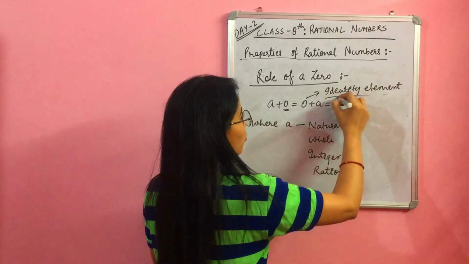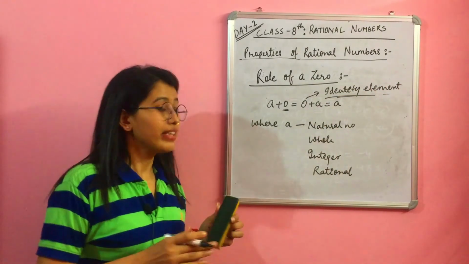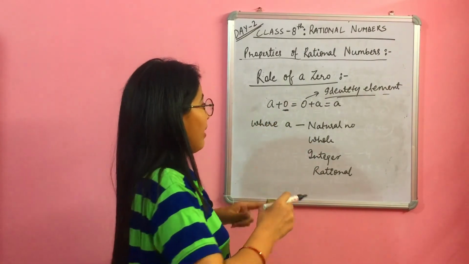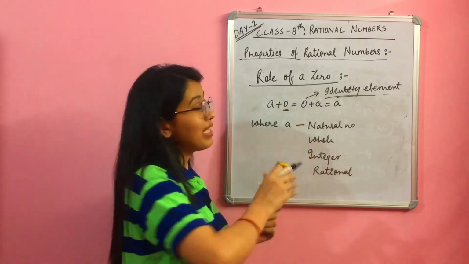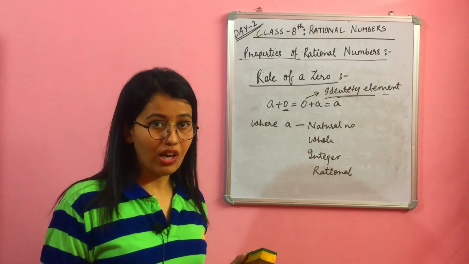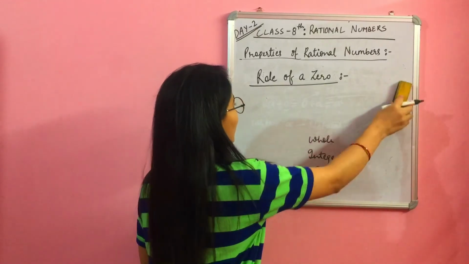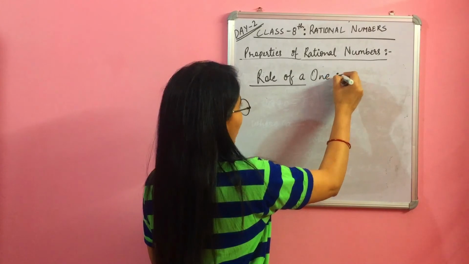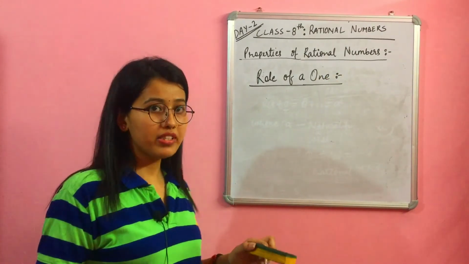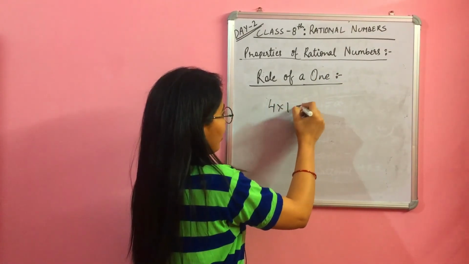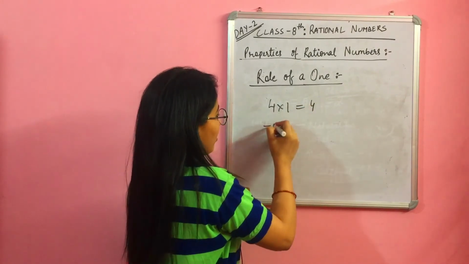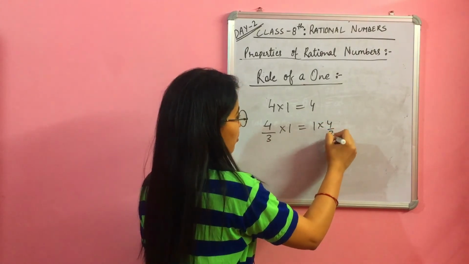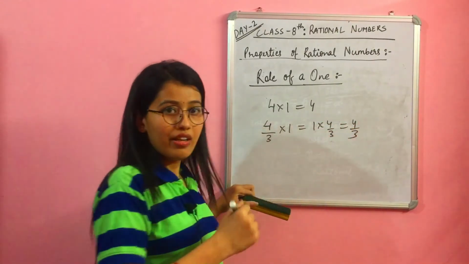This is known as the identity element in the case of addition only, not in the case of multiplication. Similarly, I can predict what the role of 1 is as well, right? If I am multiplying any number by 1, what will it give you? The number itself, right? For example, 4 into 1 will give you 4. Let us take a rational number, 4 upon 3 into 1, or 1 into 4 upon 3, it will give you 4 upon 3, right?